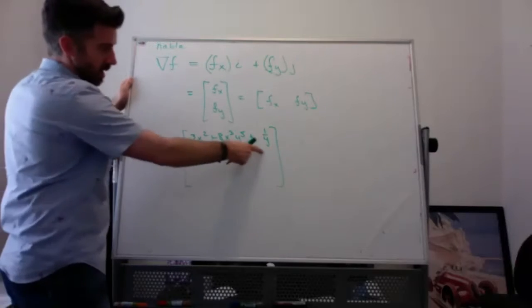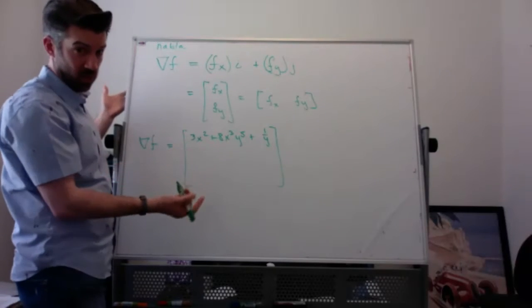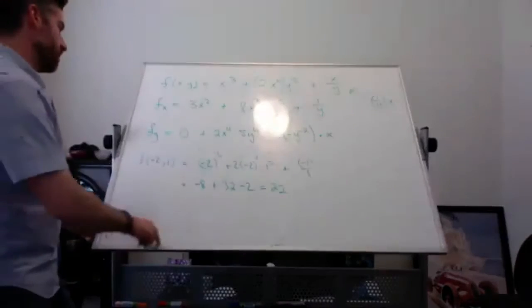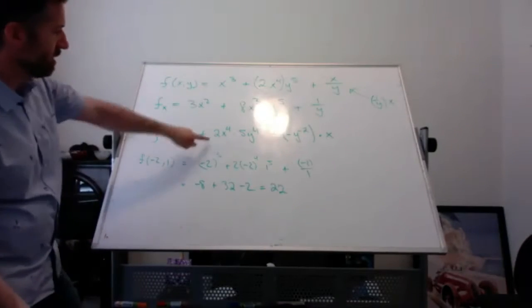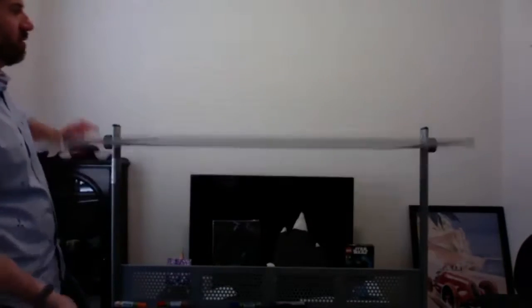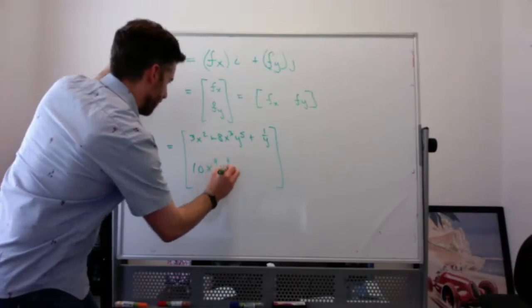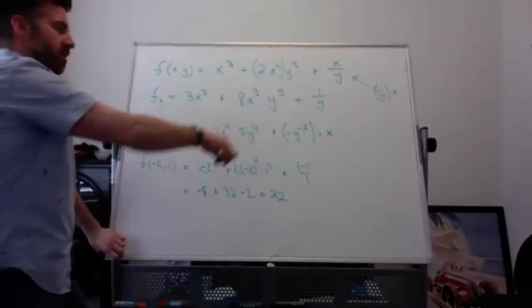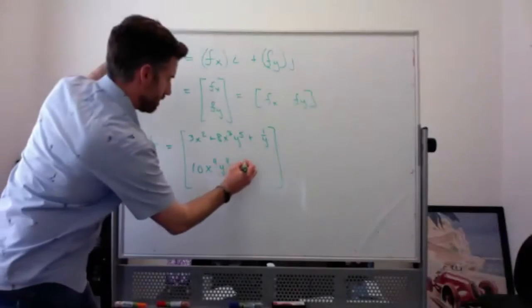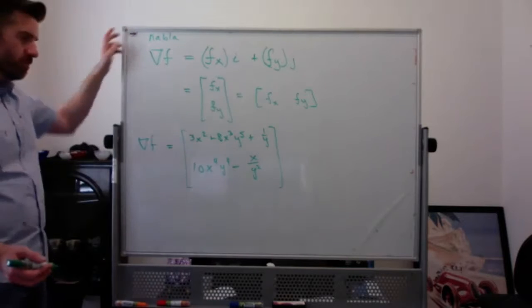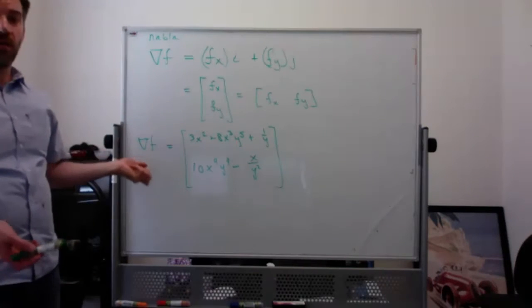That's the i, or the x component. That's going in the x direction. And in the y direction, we have this thing. I'm going to write this as 10x to the fourth y to the fourth, and we also have minus x y to the -2, or a minus x over y squared.